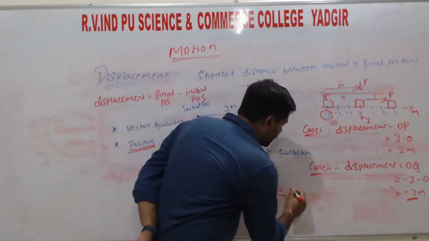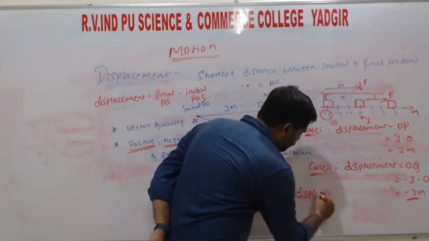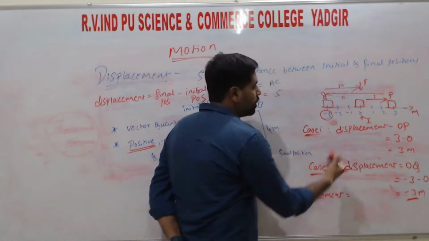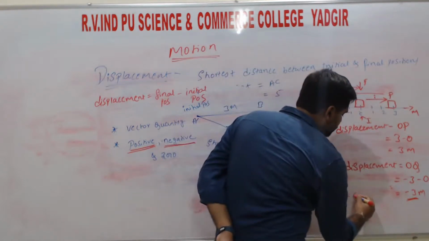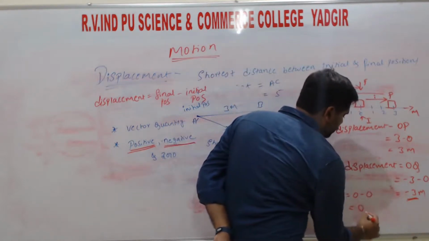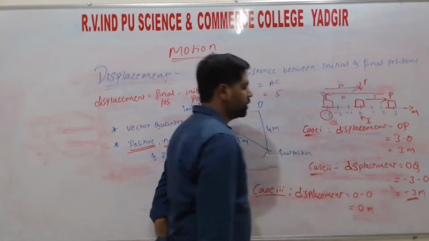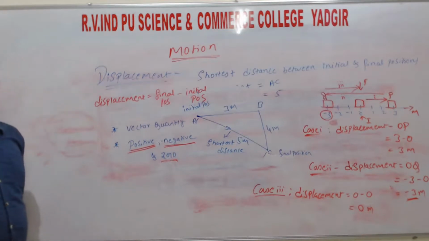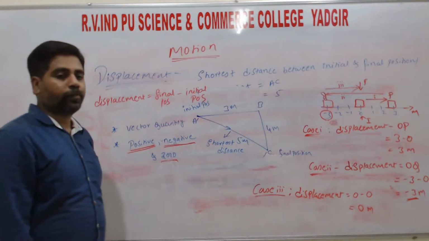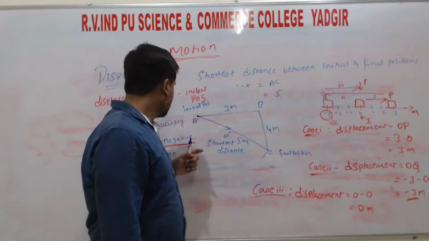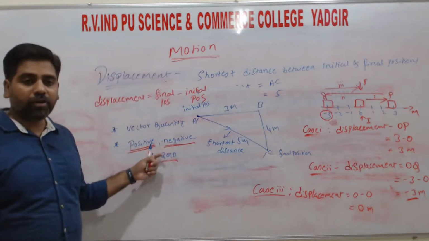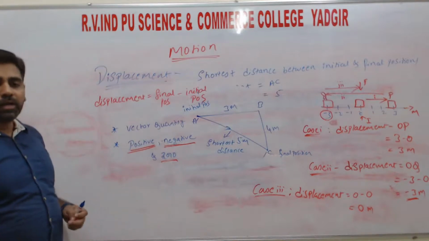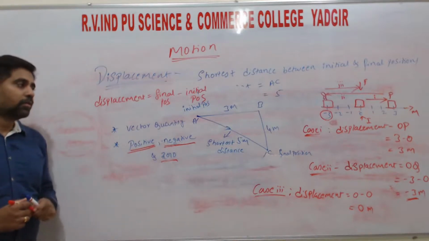So for case 3, displacement is equal to O to O, that means 0 minus 0 we get 0 meter. That means the displacement is 0, right? So this is about positive, negative and 0. Displacement is either positive, negative or it may be 0.